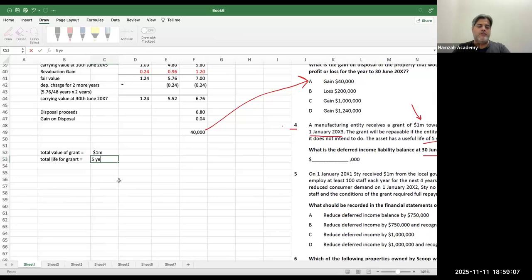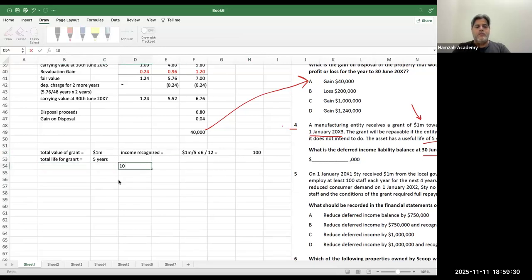For 5 years, we have to keep the asset with us, right? So technically speaking, income recognized is going to be 1 million by 5 into 6 by 12. That's going to be 100.